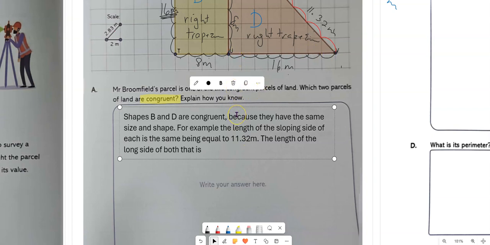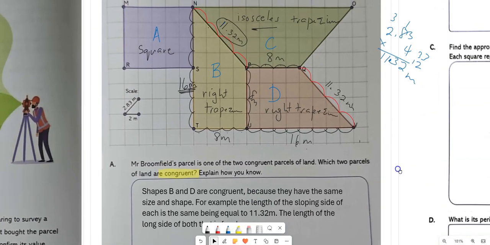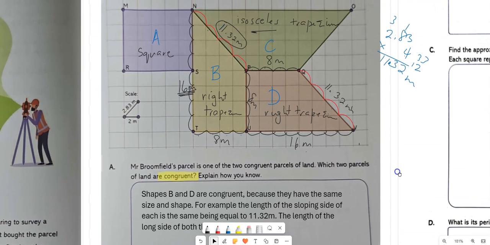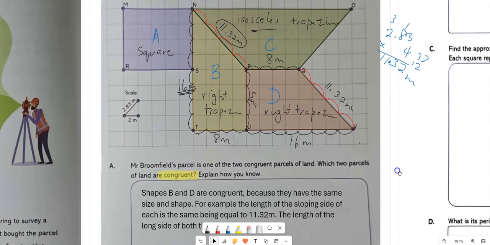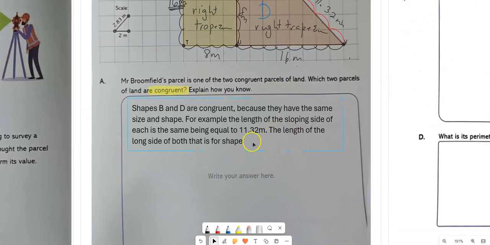that would be UV. No, let's start with the one that is above it. Shape B, that would be NST.